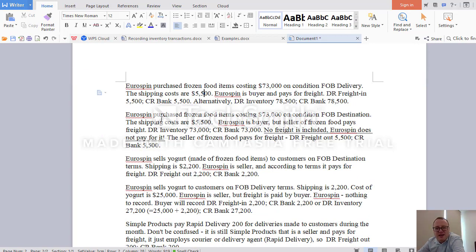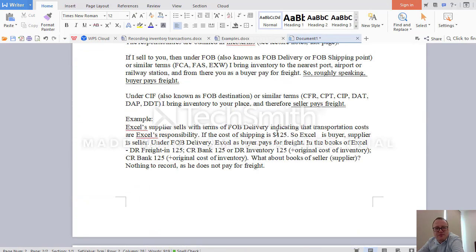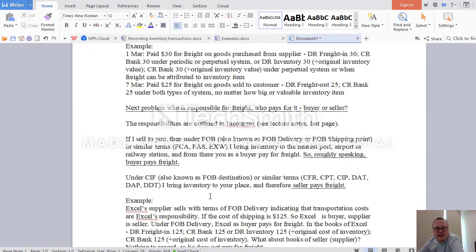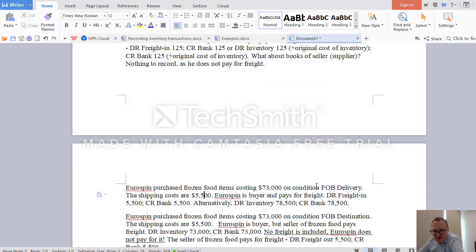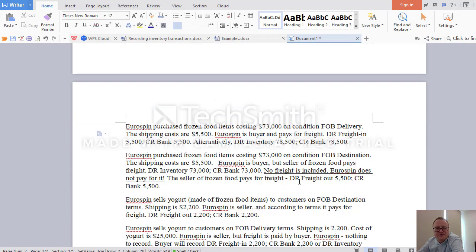However, if you have a different case, Eurospin again purchased items, cost 73,000 in the cost of inventory, but the terms are different. Now FOB destination. FOB destination is CIF. So CIF, the seller pays the freight, not Eurospin. Eurospin is the buyer, but the seller of frozen food pays the freight.